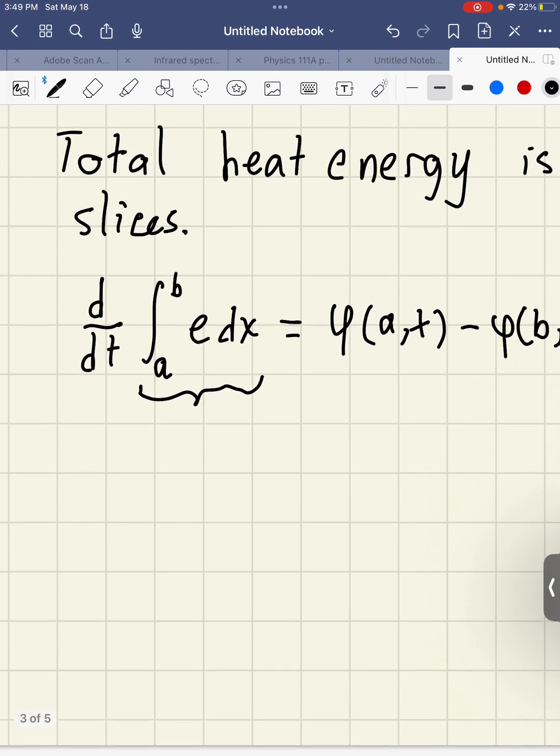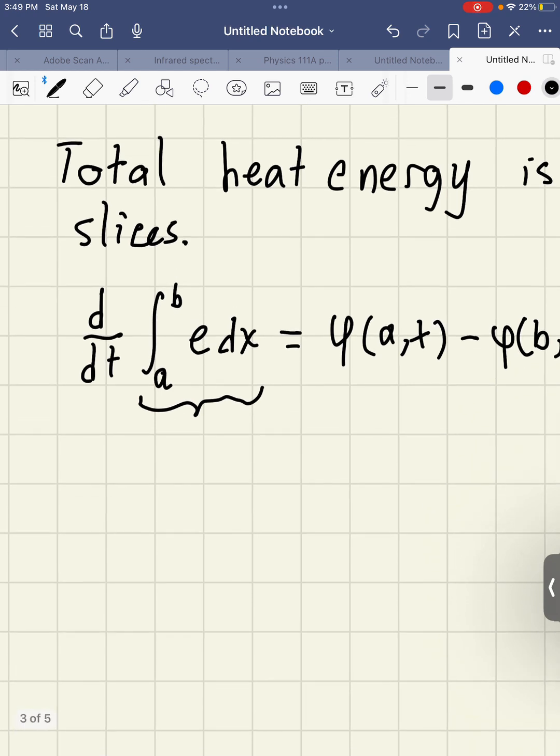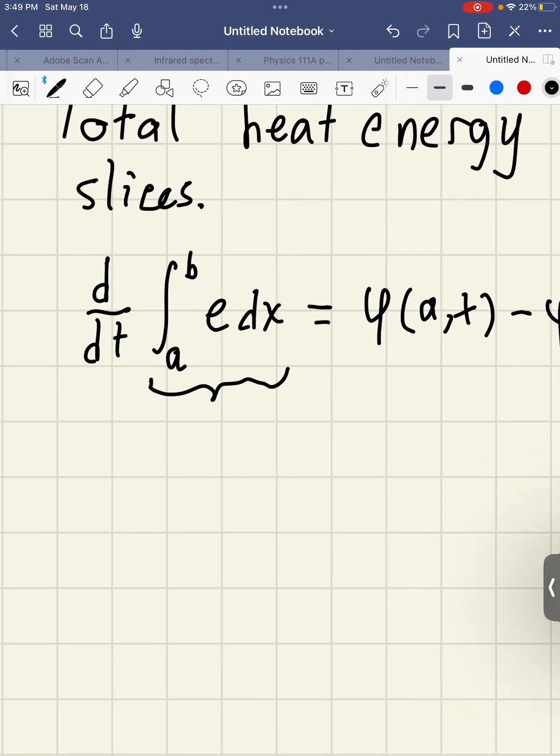Therefore I can use the Leibniz rule, which is differentiation under the integral sign. So I can rewrite this as the integral from a to b of partial e partial t dx.